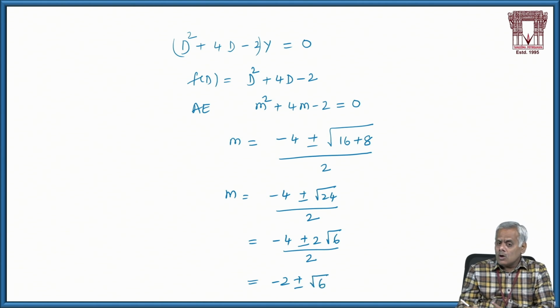So your roots are not complex conjugate, they are irrational. −2 is the rational part and √6 is the irrational part.